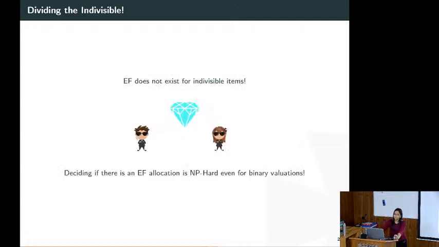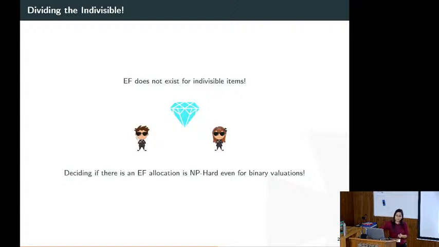Okay, so we saw that envy-freeness may not even exist. Why? Because you can have a smaller number of goods than agents. Let's say there is only one valuable good that is to be allocated. Whoever gets it, the other one will envy. There is no way you can get rid of this envy, right?